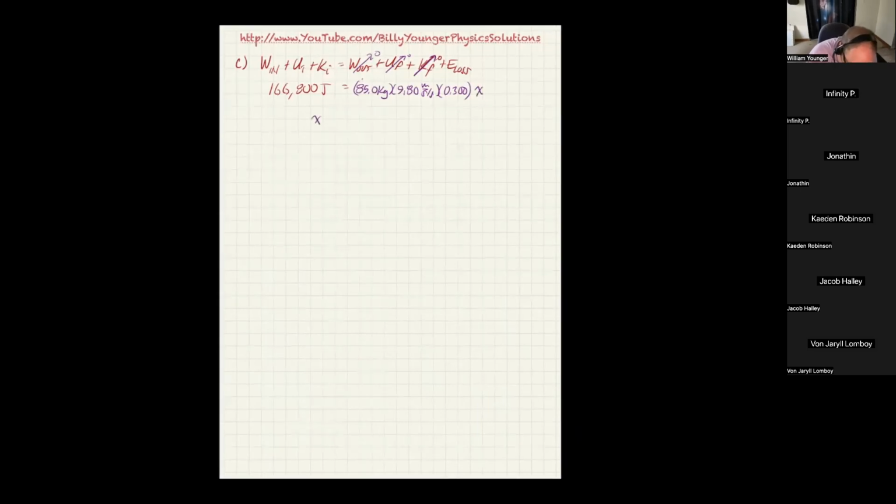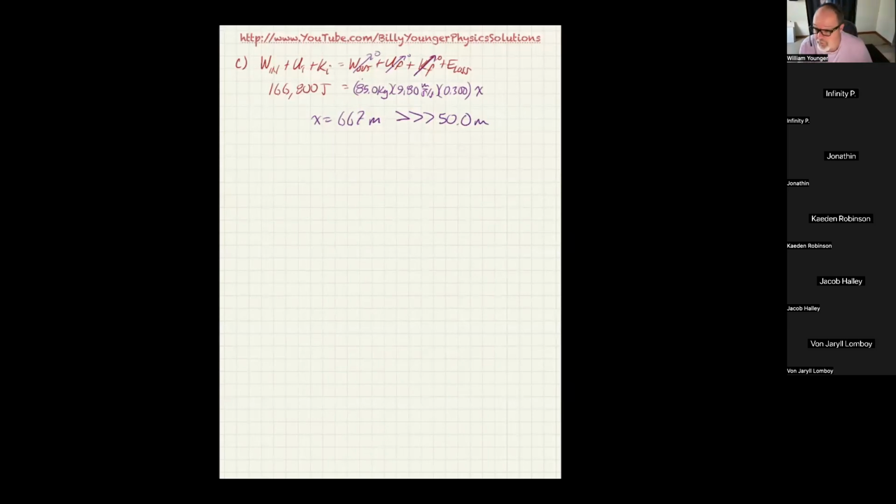So if I solve for x and x is greater than 50 meters, then I'll know it went too far. And sure enough, 166,800 divided by (85 times 9.8 times 0.3), that gives me about 667 meters. So that's way, way, way bigger than 50.0 meters. So we know it's going to make it all the way to the end.